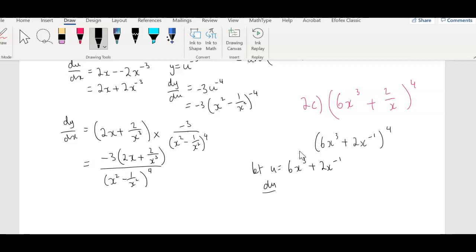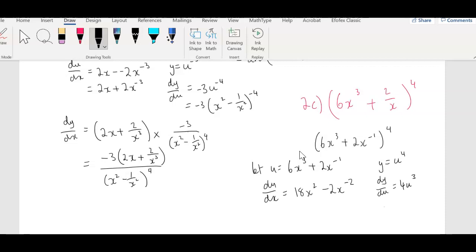So du/dx is equal to, 6 times 3 is 18, so 18x squared, and then 2 times negative 1 is negative 2, and then we've got to decrease that power, so it's negative 2. Then y is equal to u to the power of 4, so dy/du is equal to 4u to the power of 3.